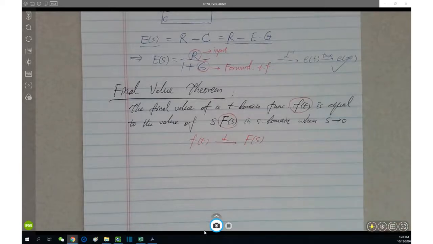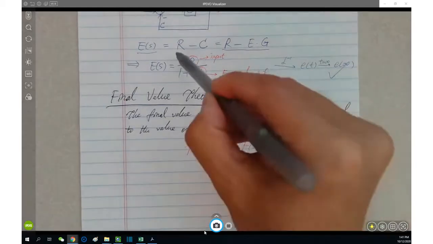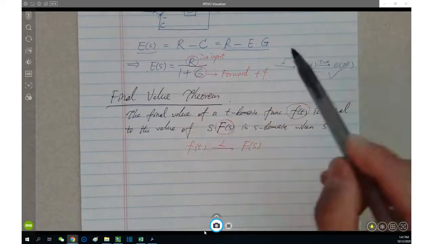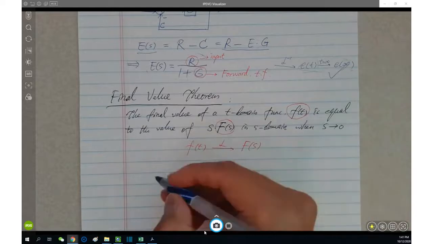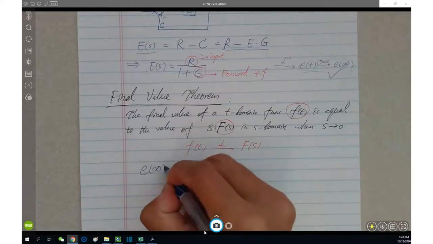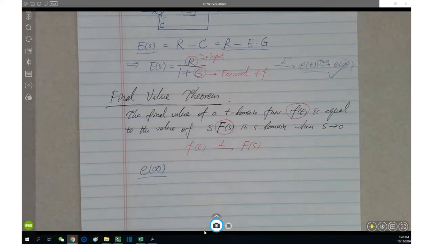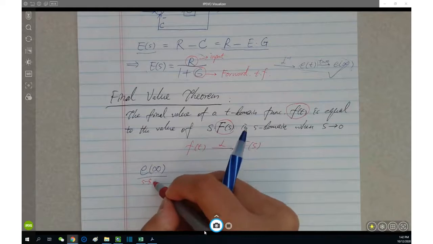All right. So according to this theorem, to find this, what is the formula we should have? E infinity is nothing but the steady state error, nothing but the thing we are looking for all the time.